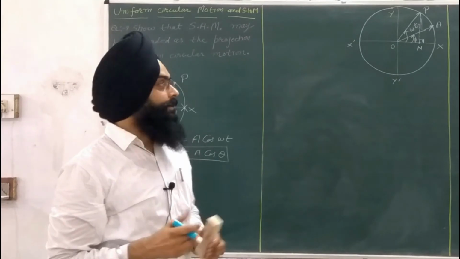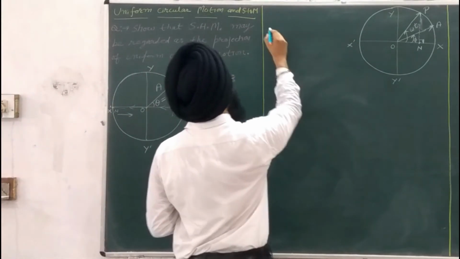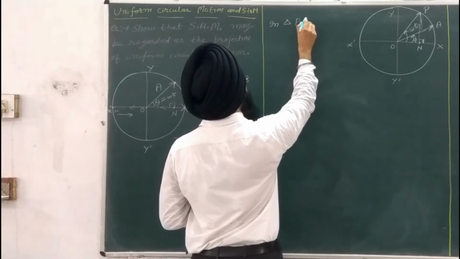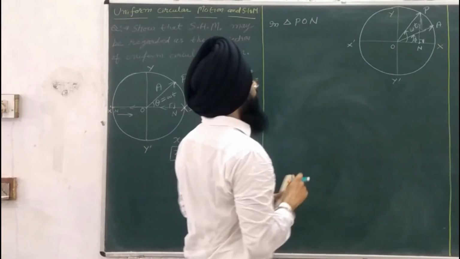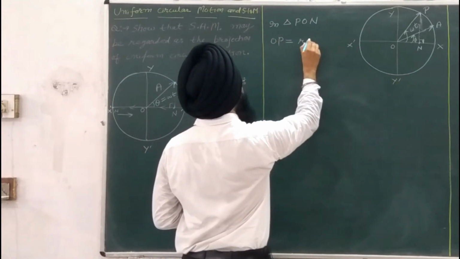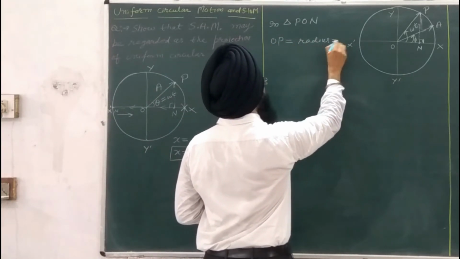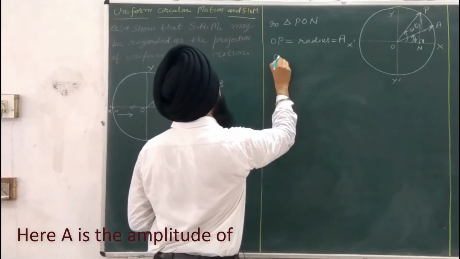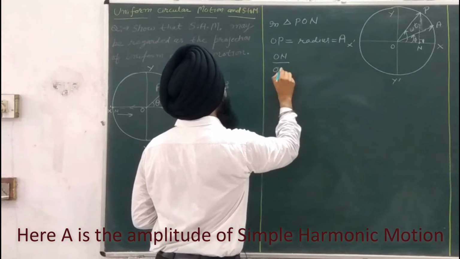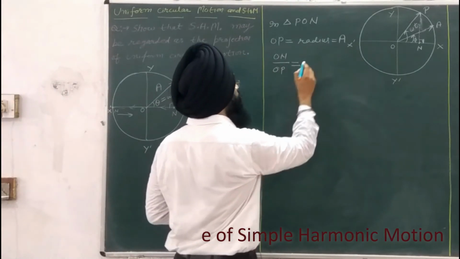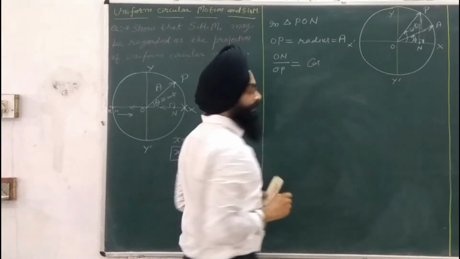So according to the trigonometry in triangle PON, this OP is the radius, which is capital A. So ON upon OP is equal to base upon hypotenuse is equal to cos of the angle.